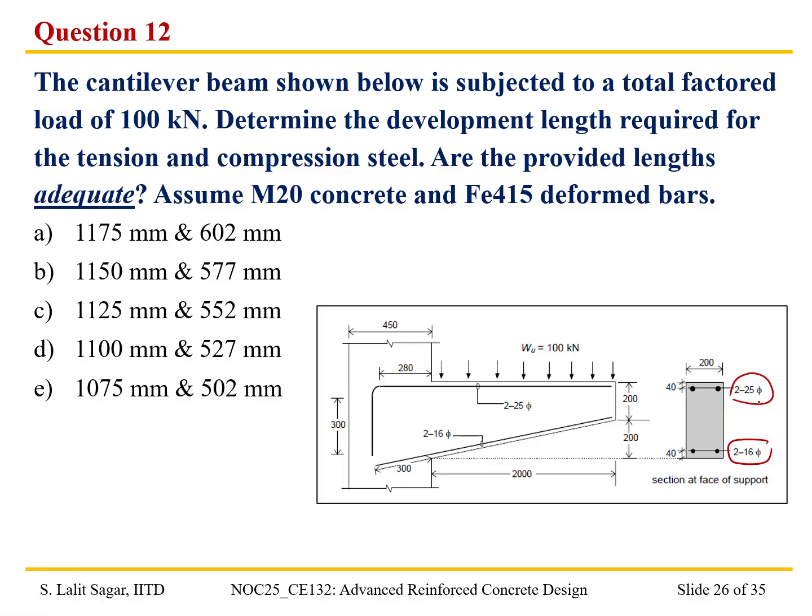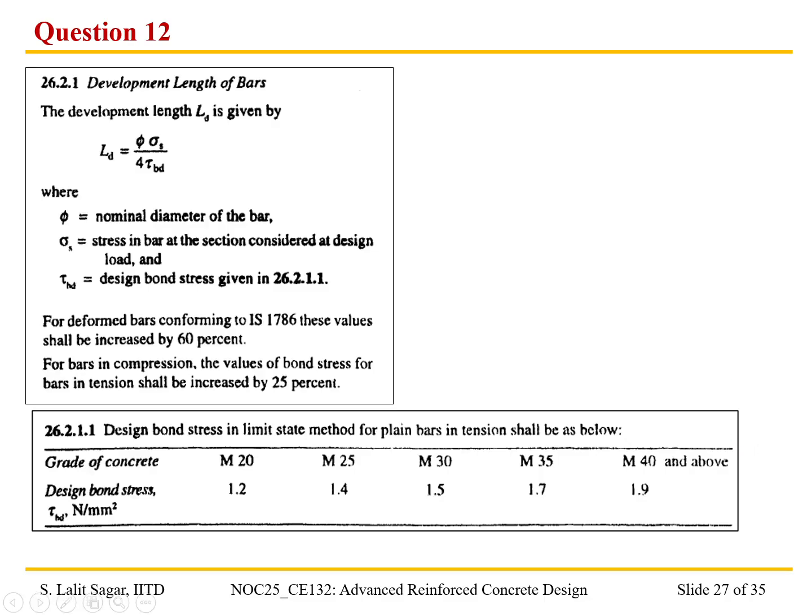In the tension side we have 25 mm bars and in the compression side we have 16 mm bars. As per IS 456, let us calculate for tension first. The development length in tension is more critical, I would say, because the rebar can undergo pullout or fracture under the tensile load.